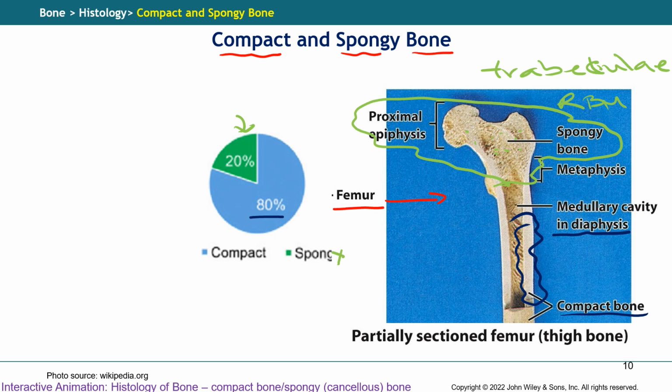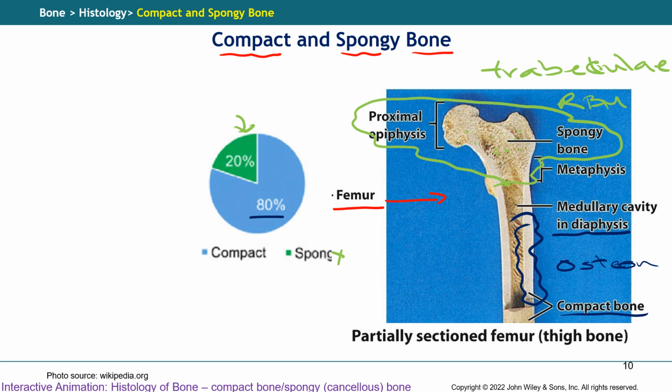Different from the spongy bone that has trabeculae, here you're going to find osteons. And we are going to talk about osteons in the following slides. It's composed of many components. But right now, what I want you to remember is that the osteon is the structural unit of the compact bone.